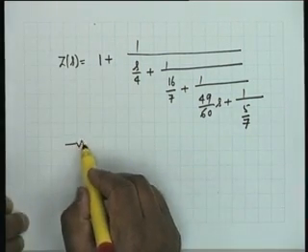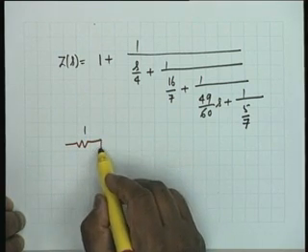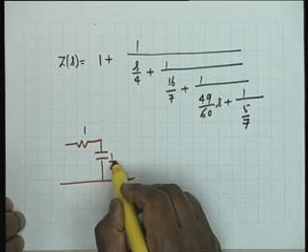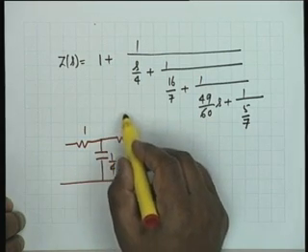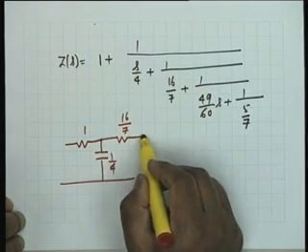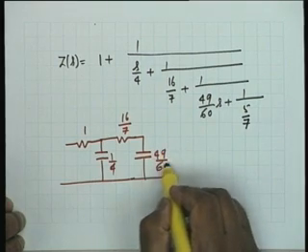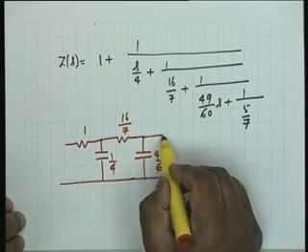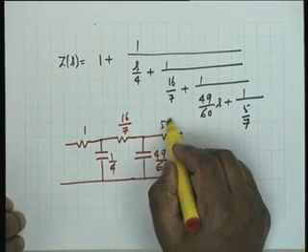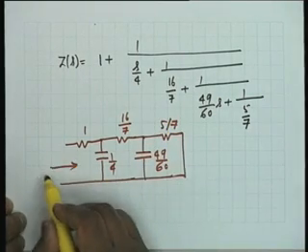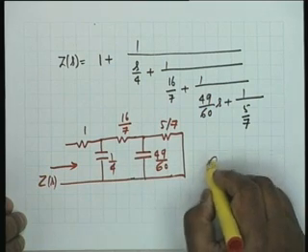My network would be 1, then a capacitor of value 1/4, then a resistance of value 16 by 7, then a capacitor of value 49 by 60, then a resistor of value 5 by 7, and that's it. This is Z of S, and this is my Cauer 1.